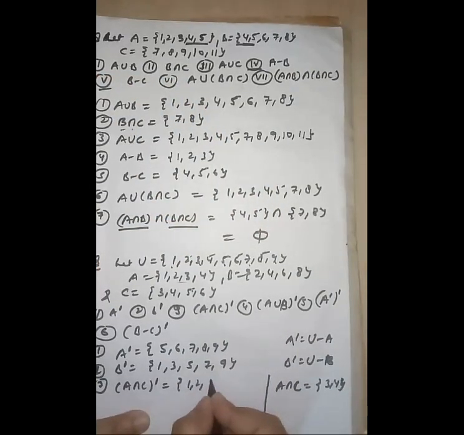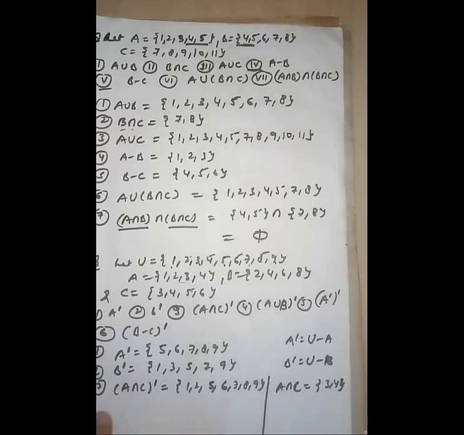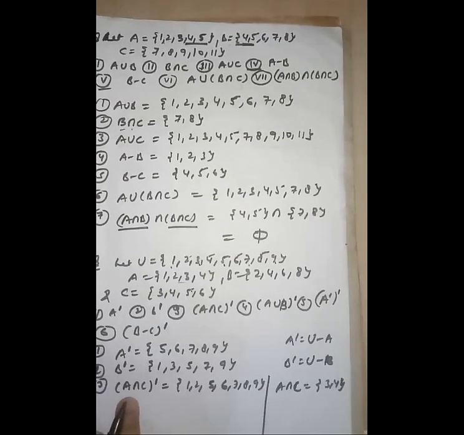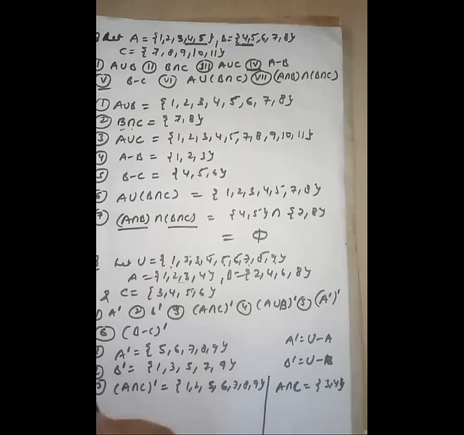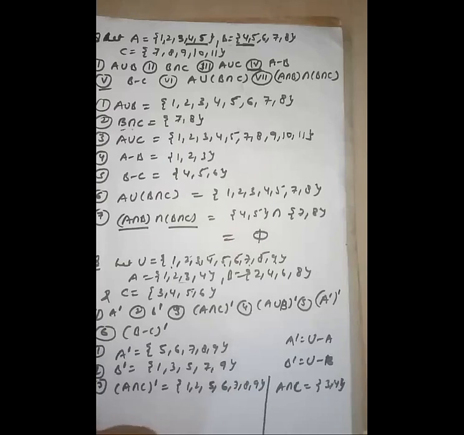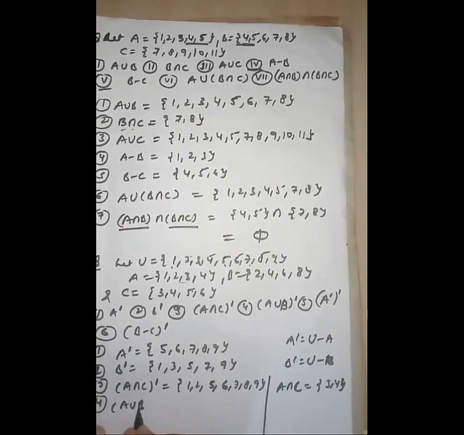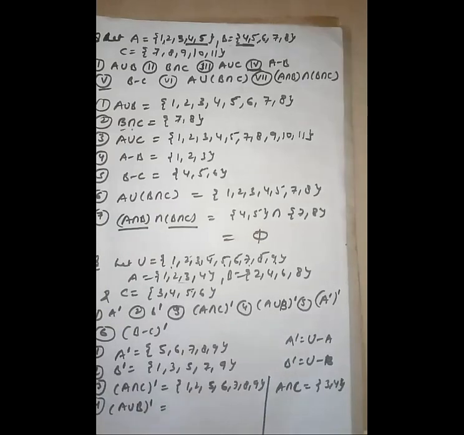It means 1, 2, 5, 6, 7, 8, 9 comes, and this is your complement of A intersection C. Now the fourth one is A union B complement.